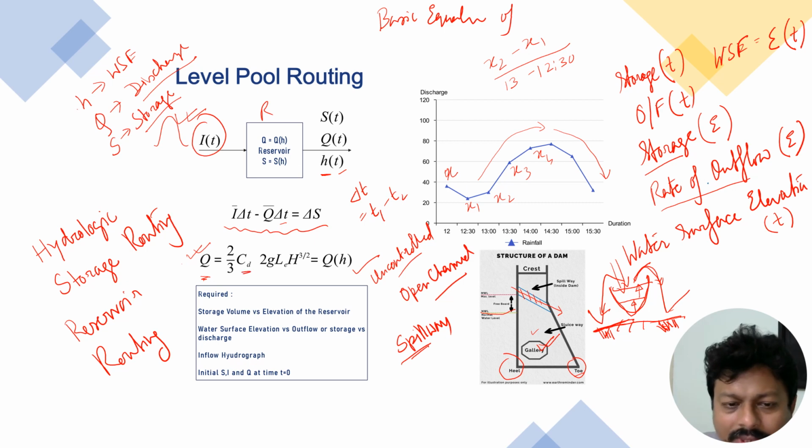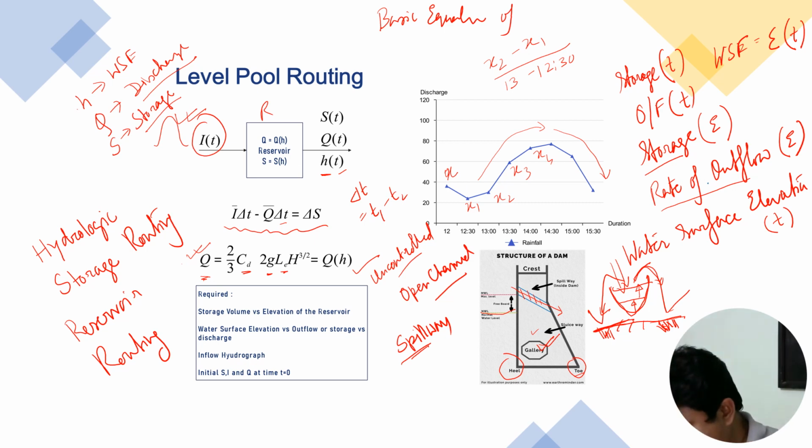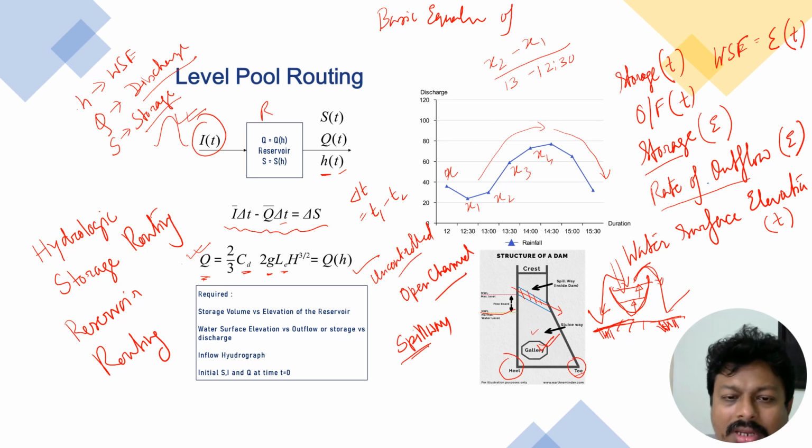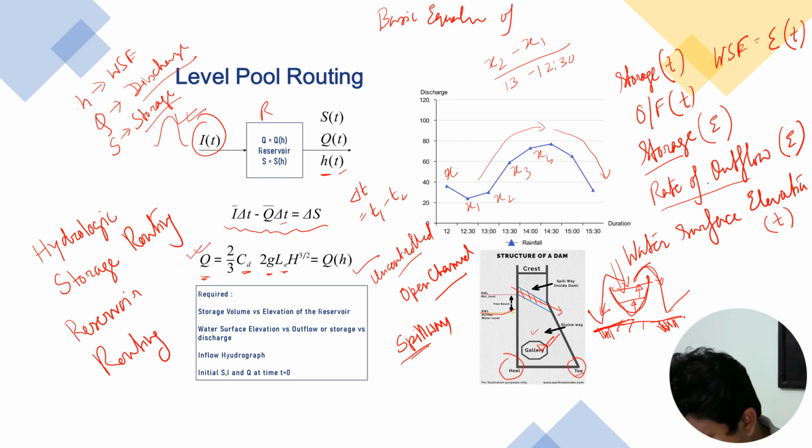The CD is the coefficient of discharge. This g is acceleration due to gravity, and L is the length of the crest. L is actually the effective length of the spillway crest. I have already discussed, if this is the spillway, the length of the crest is indicated by Le. And this H is the head over the spillway.